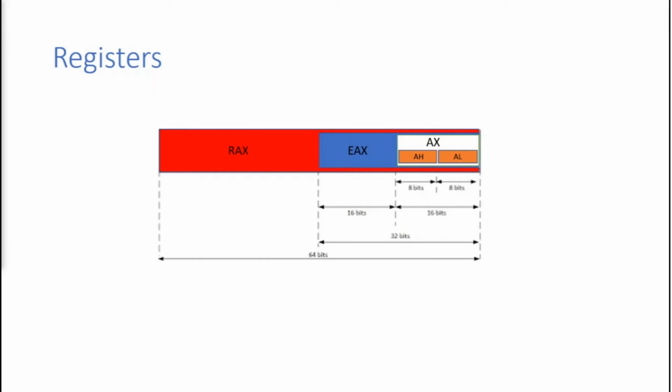For example, as we can see from the diagram, AX is divided into 2 parts, high part and low part, called AH and AL. We will have a look at how these registers get used, and we will look at the calling conventions in Linux as well as Windows.